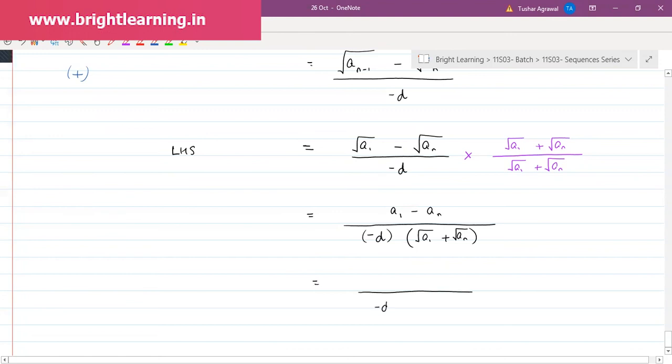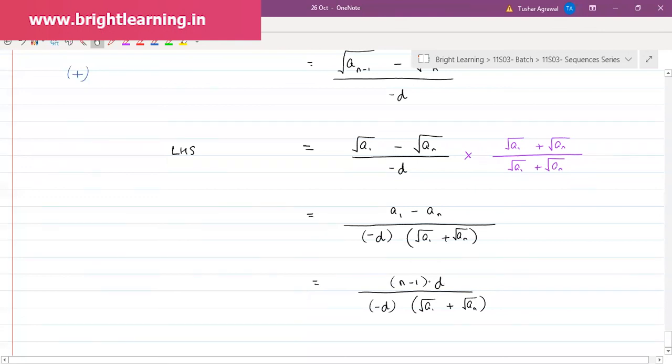And here it is negative d, under root a1 plus under root an. And now nth term minus first term, the reverse one. Nth minus first term means we are going n minus 1 steps ahead, so this is n minus 1 into d.